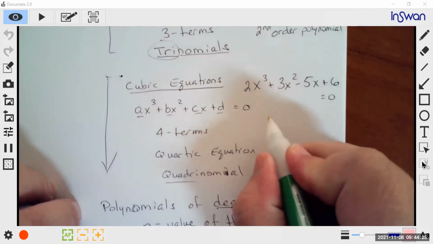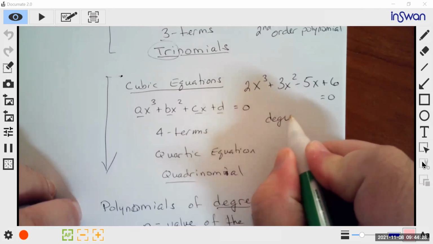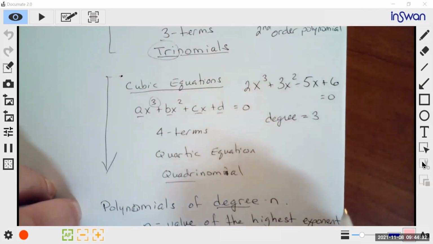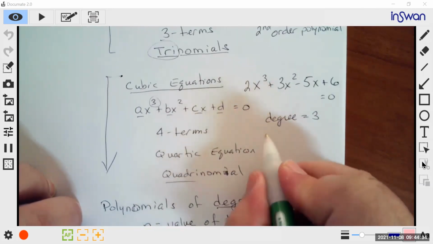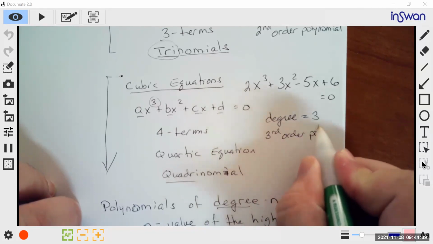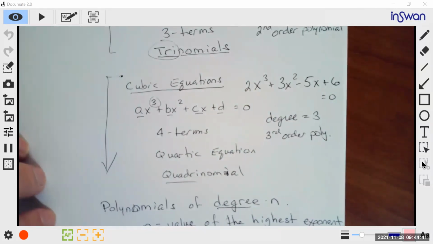And then the cubic, the degree is 3, and it's the third order polynomial.